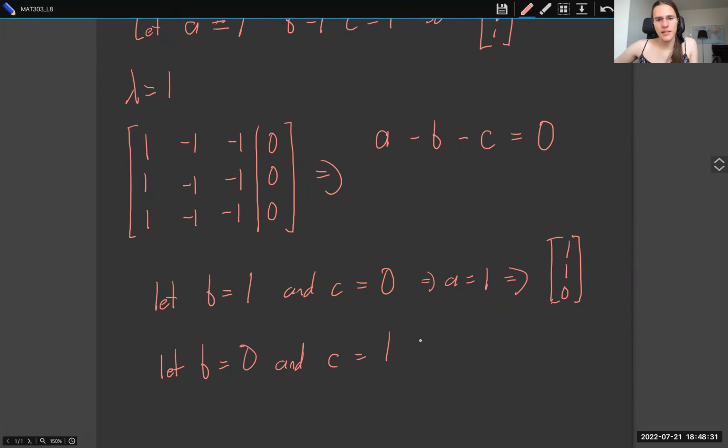Yeah, then A is 1 again. And we get 1, 0, 1. So we have three eigenvectors.